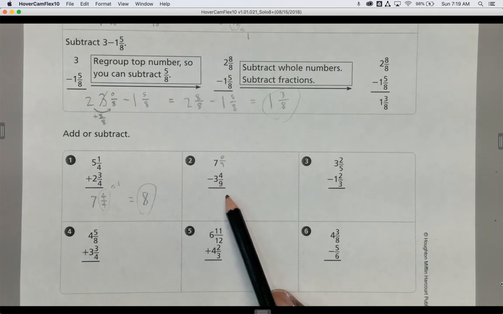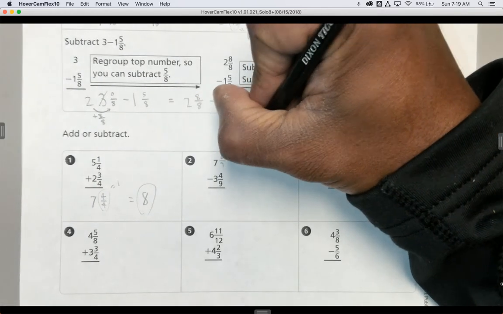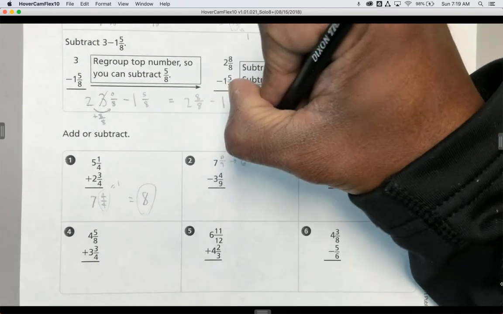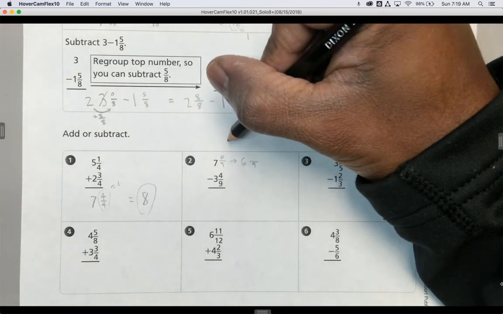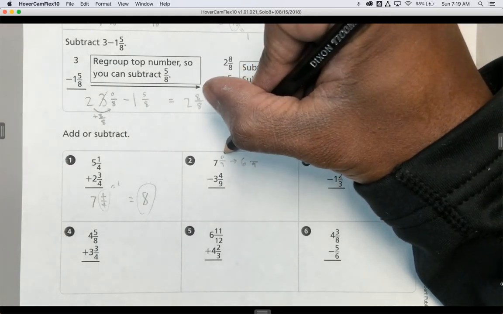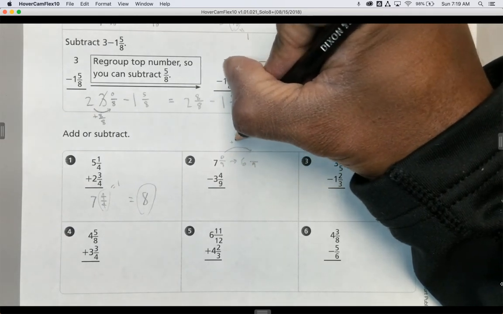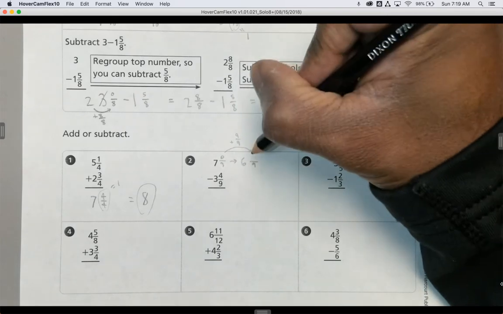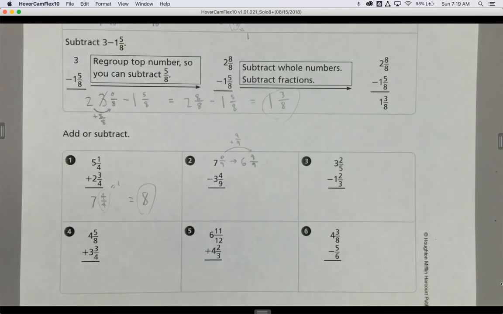And when we regroup, the value of the whole number goes down by 1. And we're going to add the whole in terms of ninths, 9/9. 0 plus 9 is 9. So we've essentially taken whole number 7 and rewritten it as 6 and 9/9.